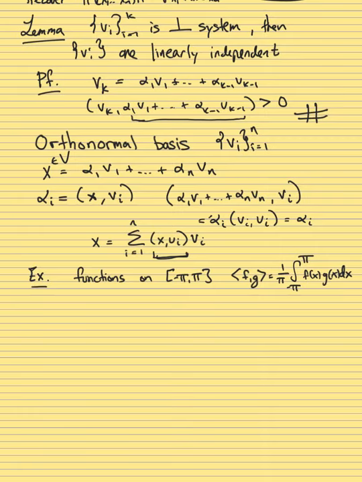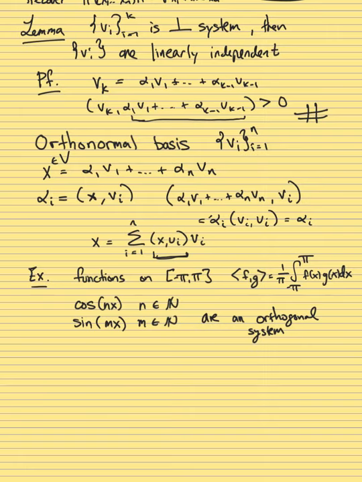You'd have to be a little bit more careful in what functions to include if you want to say that they span the set of functions. Okay, so you can check this just by various integral computations, right? So you're integrating sine of mx times cosine of nx, you're integrating cosine of mx times cosine of nx, for various m and n, okay? And then computing the integral of cosine squared.